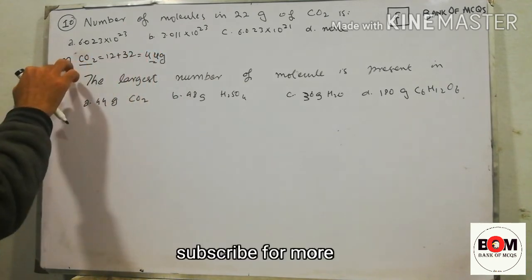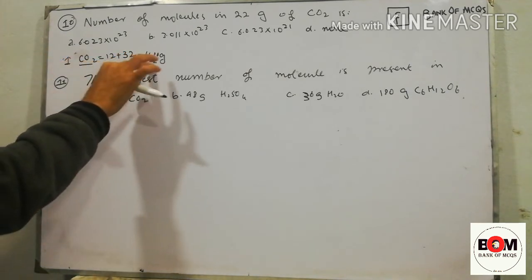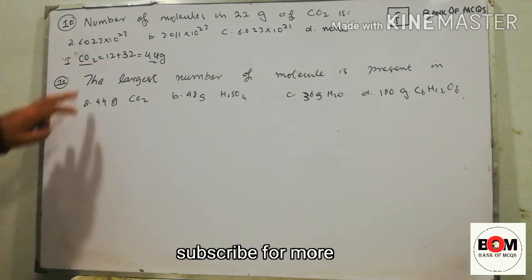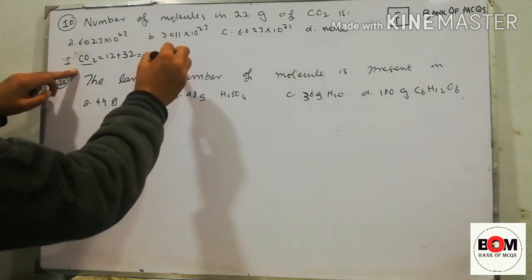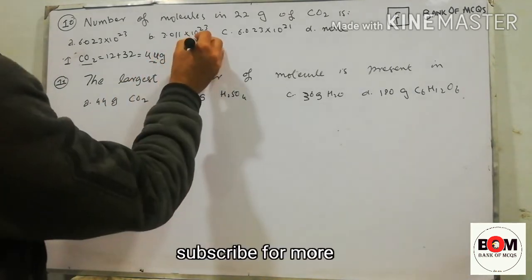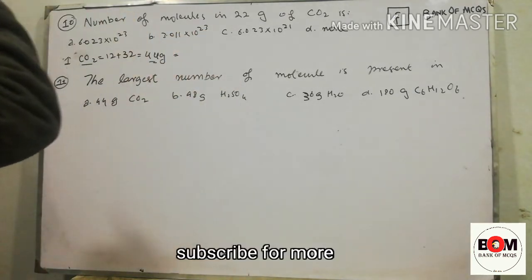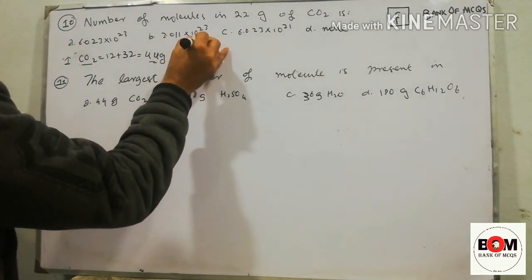So we know that 1 mole of CO2 is equal to 44 gram, that's the molecular mass of CO2. Further we know that 1 mole of any molecular compound is equal to 6.023 into 10 to the power 23 molecules.